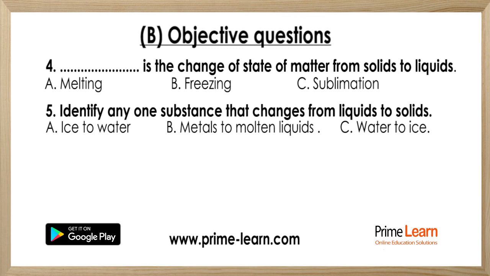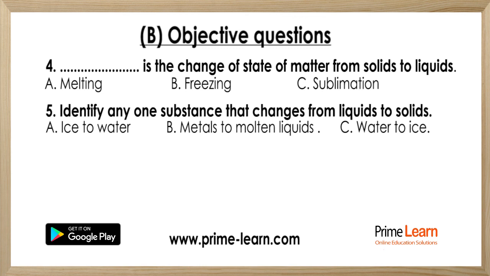Objective A, we have melting, B, freezing, C, sublimation. Guess what is the correct answer? The correct answer is A, which is melting. Remember, we said that melting is the change of state of matter from solids to liquids. That's why we have taken A as our most correct answer.